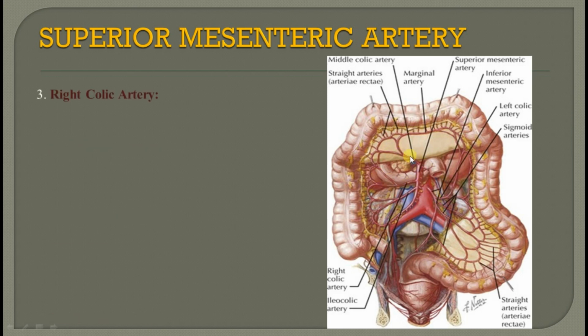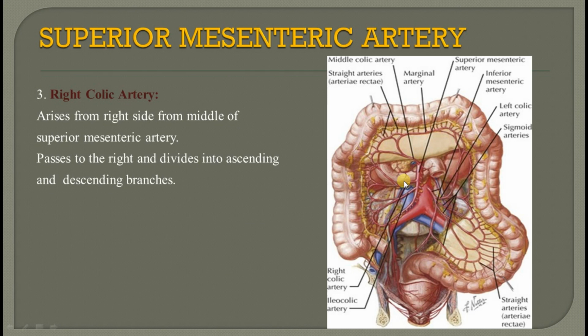This is your middle colic, which you have seen divides into the right and the left branch. The left branch anastomoses with the left colic artery. The right branch anastomoses with the ascending branch of the right colic artery. So, the right colic artery has an ascending and a descending branch. It arises from the right side of the middle of the superior mesenteric artery, passes retroperitoneal and divides into ascending and descending.